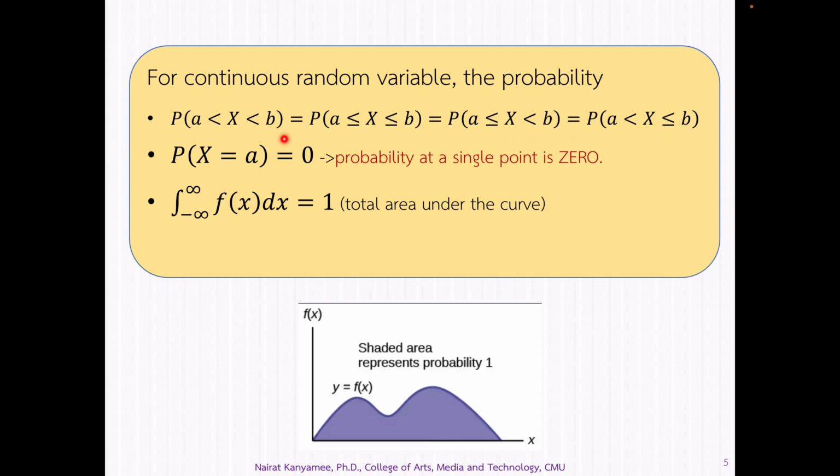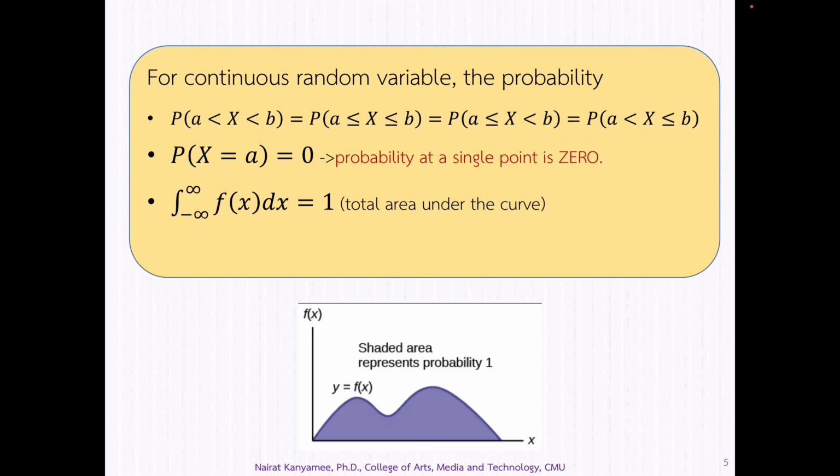That means with or without the equal sign, whether it includes a or not, it still gives you the same value of probability. Here you can take out the equal sign, because when we look at the area under the curve, it doesn't matter if we include the points a and b or not.